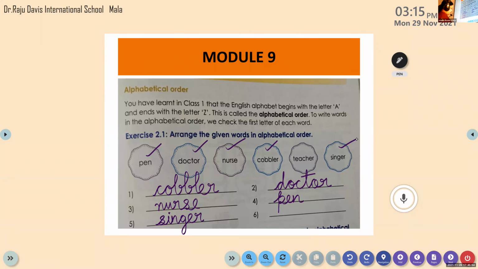Which is the last one? Teacher. Yes. Very good. Spelling? T-E-A-C-H-E-R, teacher. Thank you, Nanika. Well done.